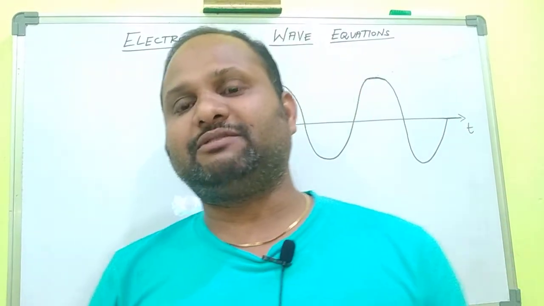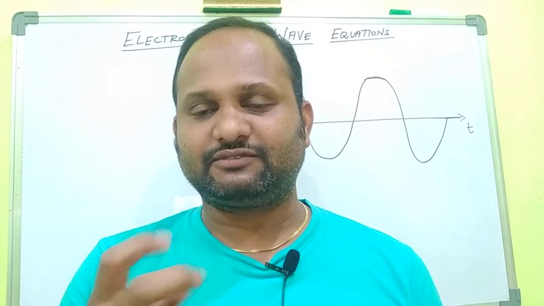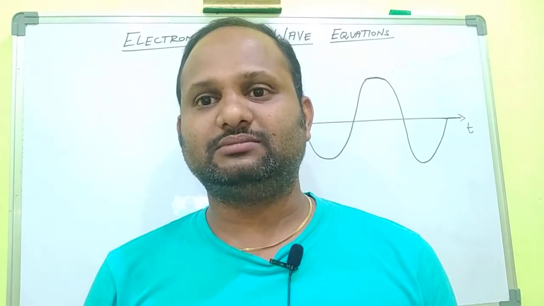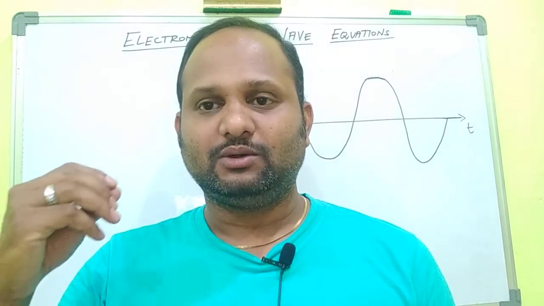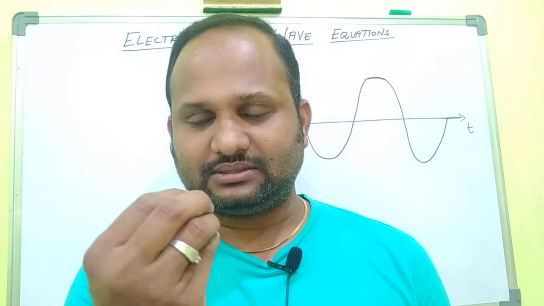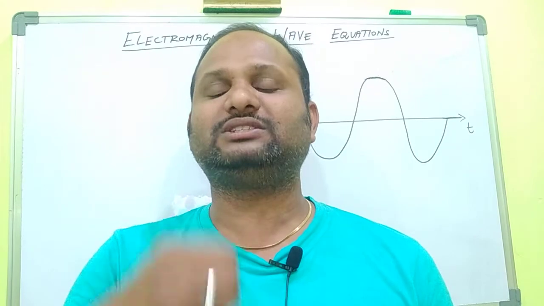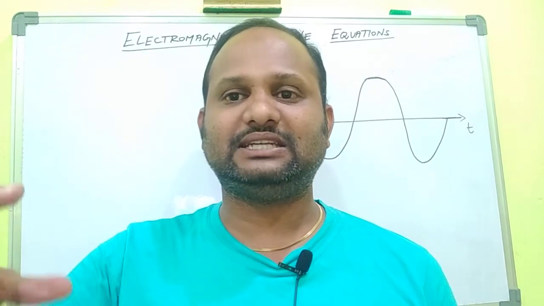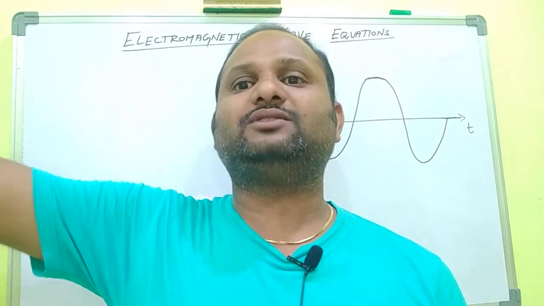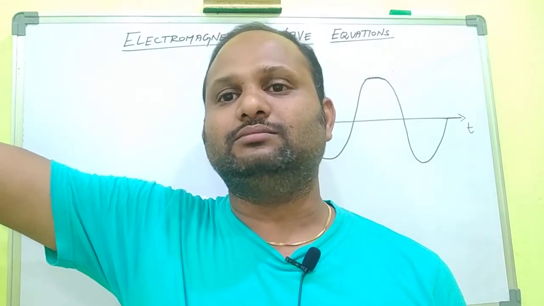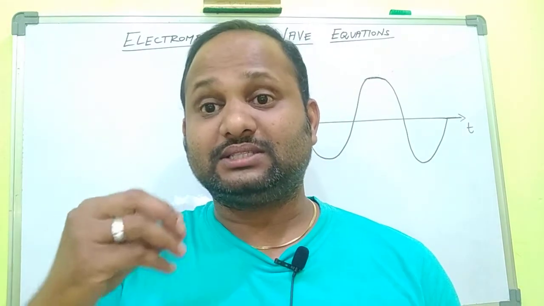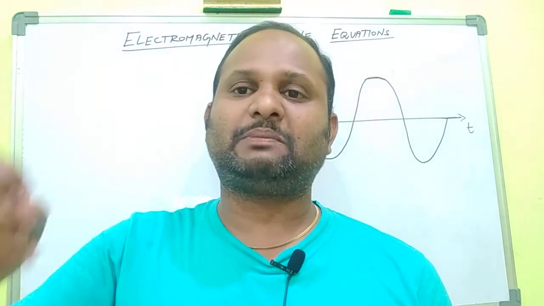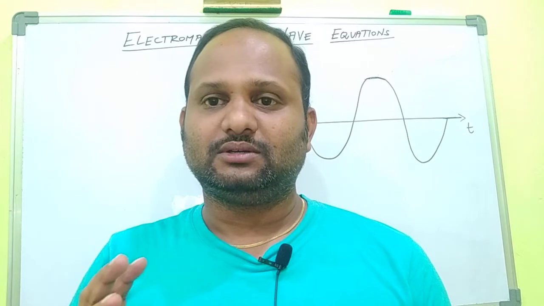Electromagnetic waves consist of both the electric field vector and the magnetic field vector together. Once triggered, that means once started, once produced, these electromagnetic waves regenerate and propagate through air or vacuum. Once it is started, the process goes on and on.